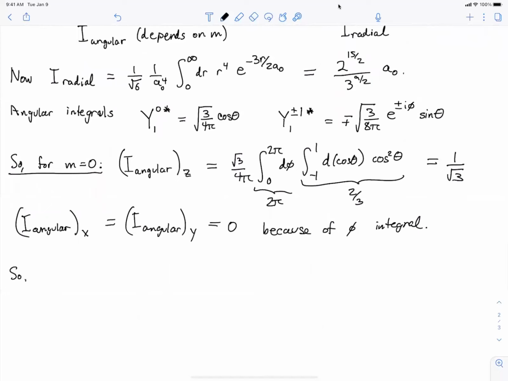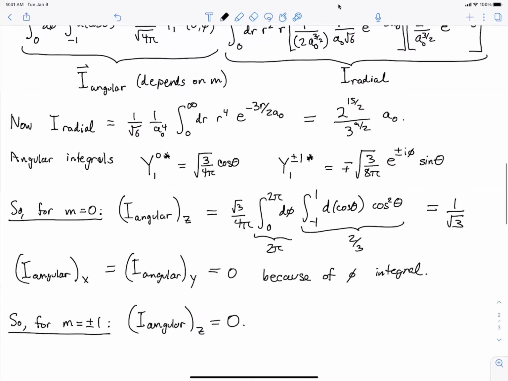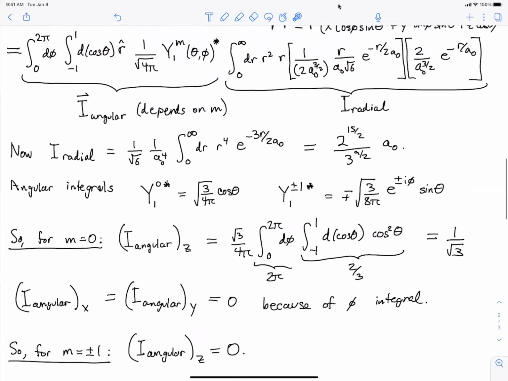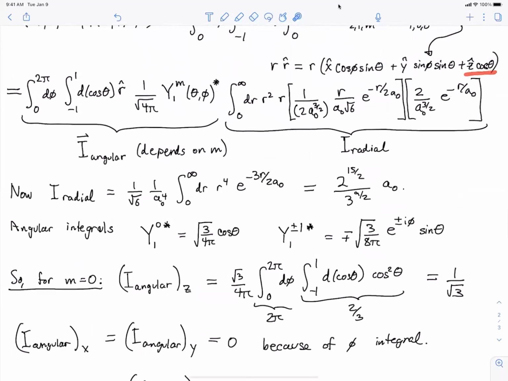Now let's do the m equals plus or minus 1 case, and we can do them at the same time. This time, I angular z component is 0. Why is that? Our YLMs have e to the I phi's in them. That means they have trigonometric functions of phi, whereas the z hat, if we go back up, didn't have a trigonometric function of phi.